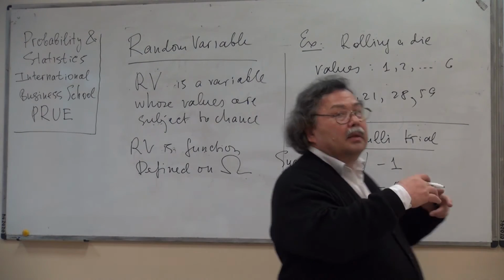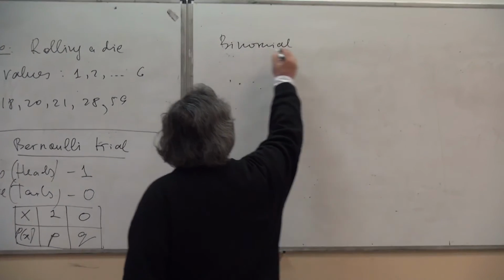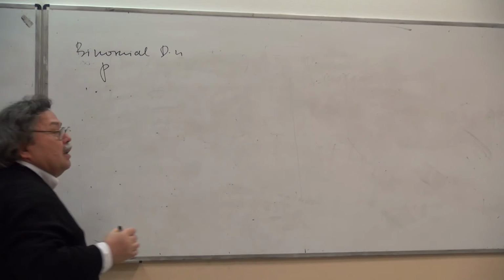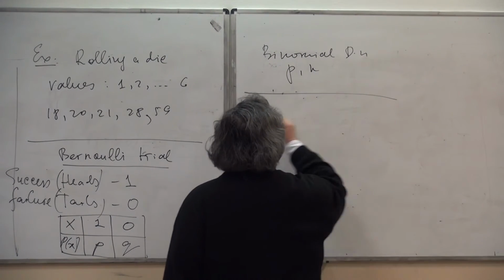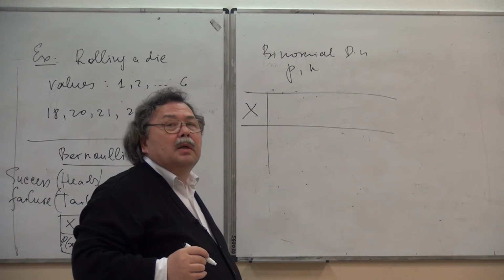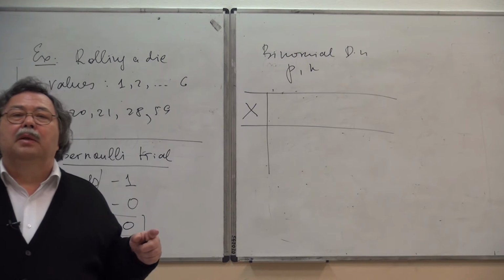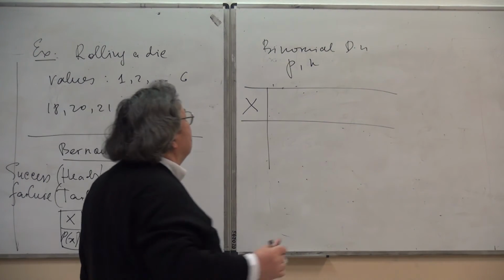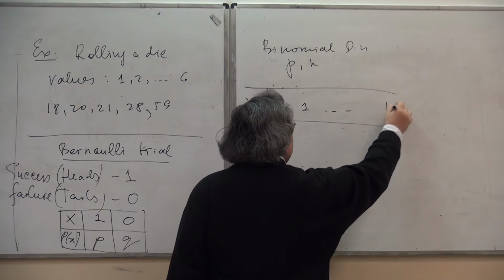Now let's give a description of this kind to the binomial distribution. Let's say that the probability of success on each trial is p, and there are n trials. If we define the value of the random variable as the number of successes on n trials, then the possible values are 0, 1, up to n.